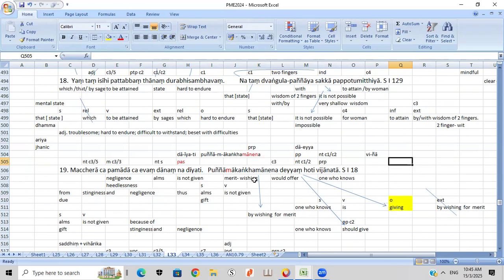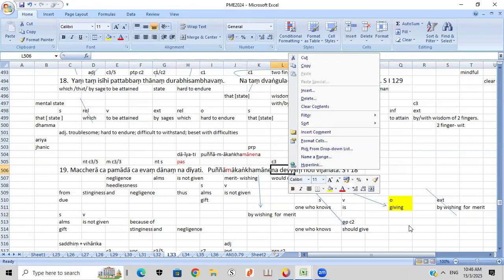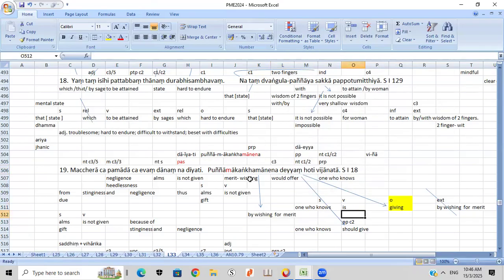Then the next line is "one would." In this case, we can put it another way. We will take this another line: one would offer.